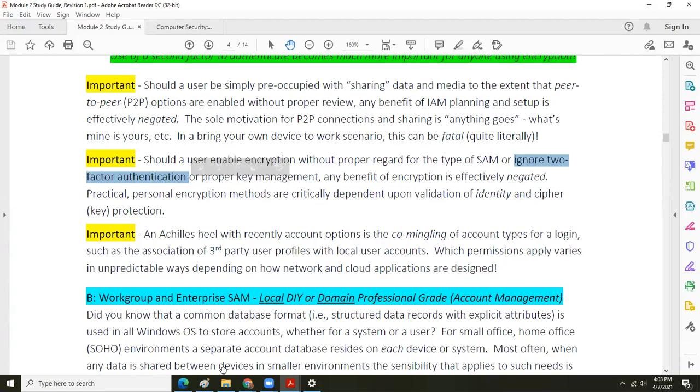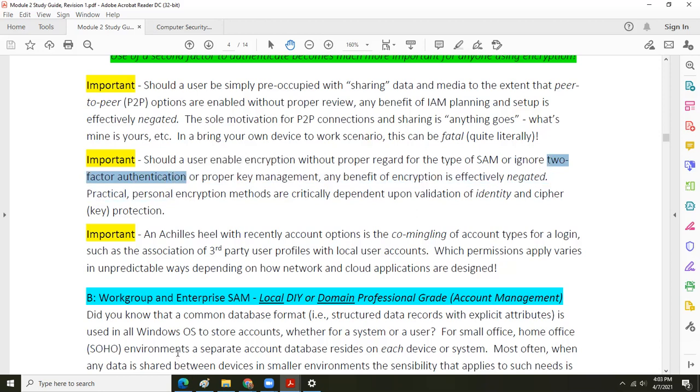So there's a couple of ways that you can basically blow up encryption. The important thing to remember is that identity is a linchpin. Everybody needs to use two-factor authentication. Everybody.